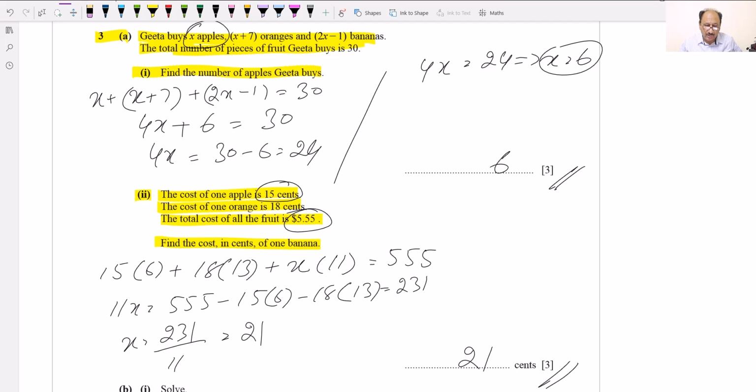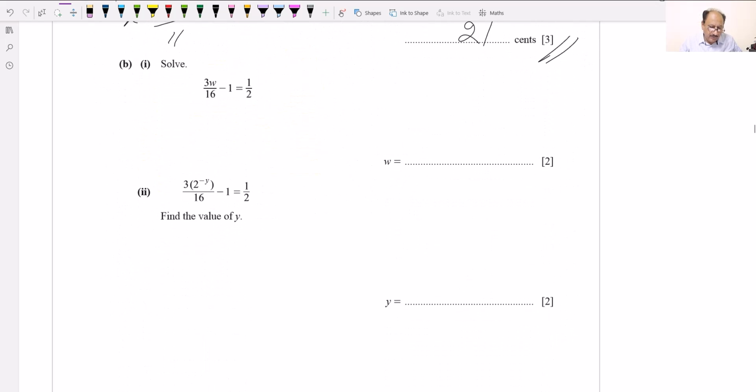Hopefully you understood this. Now the b part, we need to solve. This one is a fraction. So basically we can shift minus 1 to the other side, so it will be 3w over 16 will be equal to 1 by 2 plus 1.